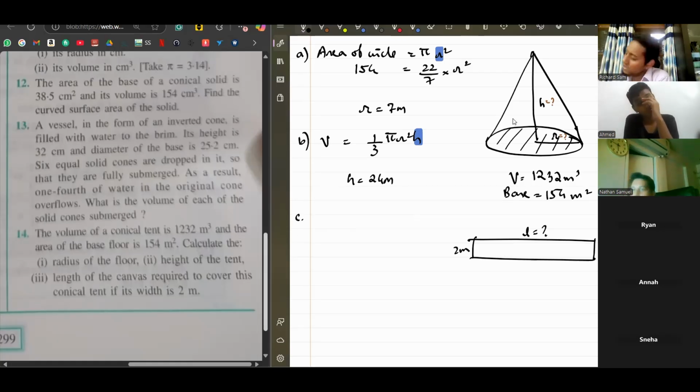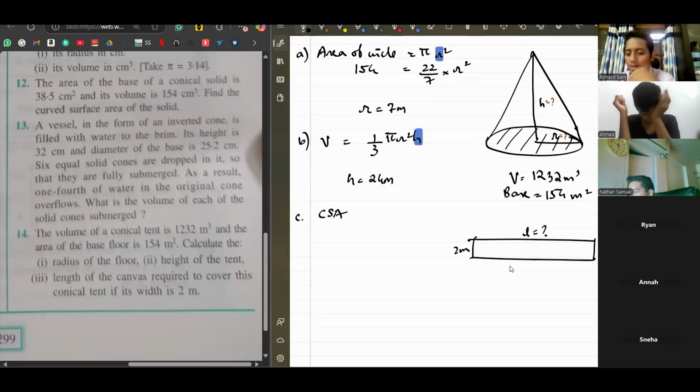For the third part, the question is how much length of cloth. They're asking length, but actually you need a certain area of cloth because cloth is measured in area. So whatever the area of the curved surface area is, that is the area of cloth that you need. Correct? So we need to first find the curved surface area of the tent. And that area of cloth is required to be bought.